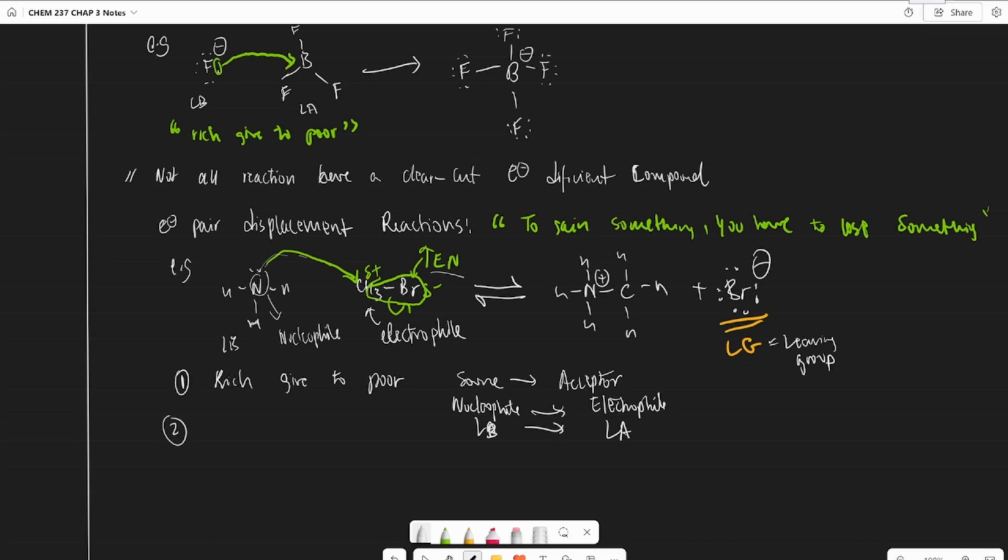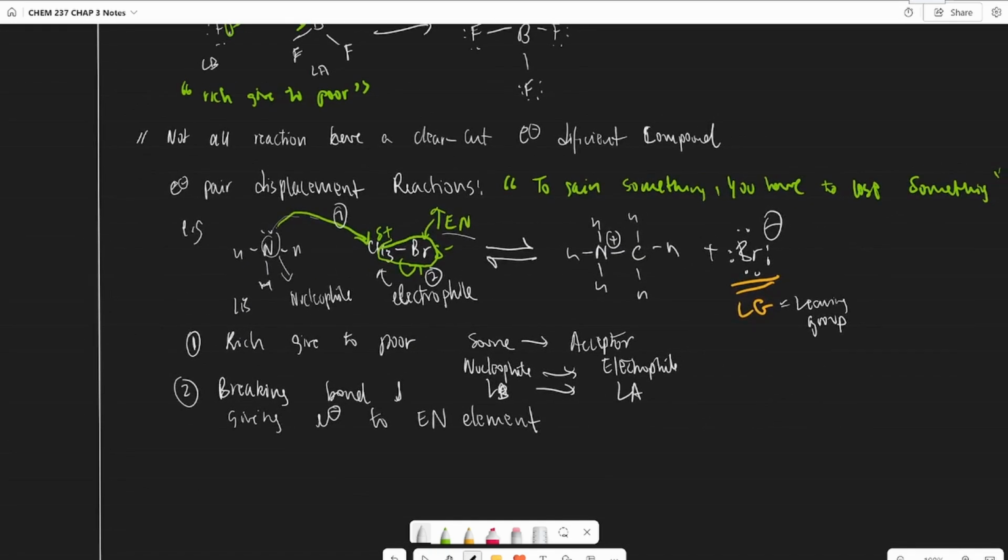The second is breaking a bond and giving the electrons to the more electronegative element. This is an example of rule 2. In this case, that would be bromine.